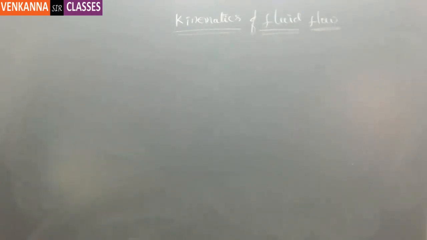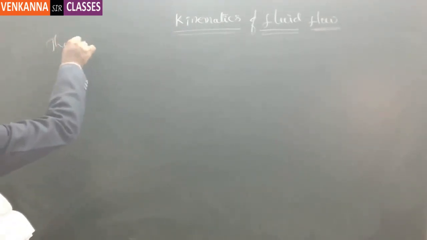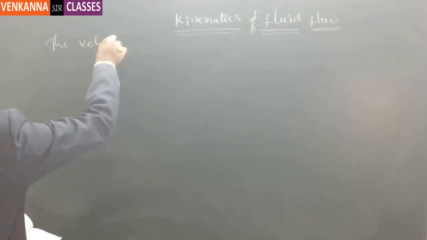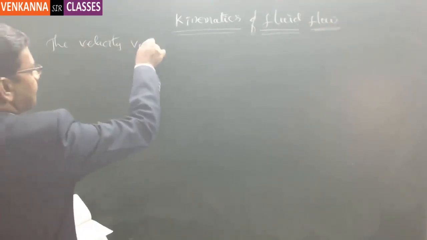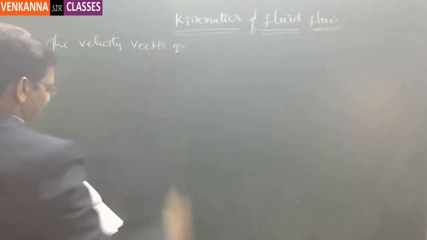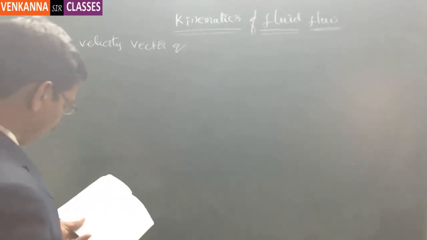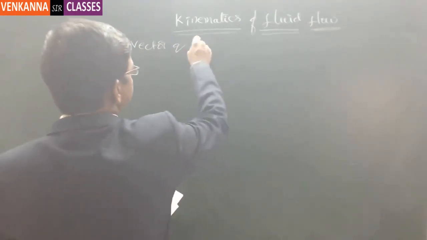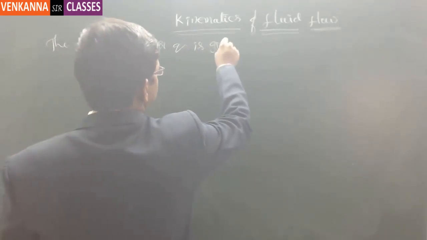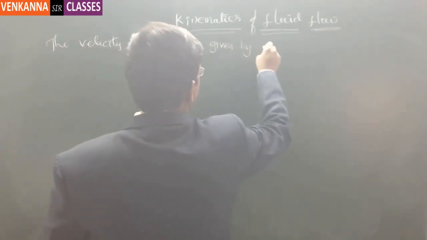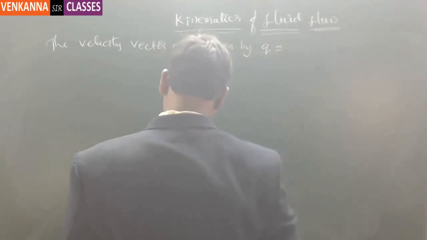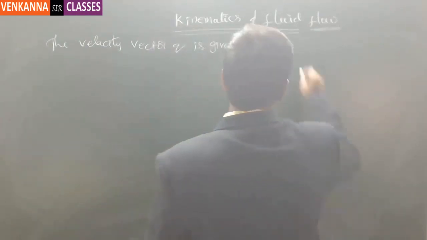Note down one problem. The velocity vector q is given by q equal to xi minus yj.